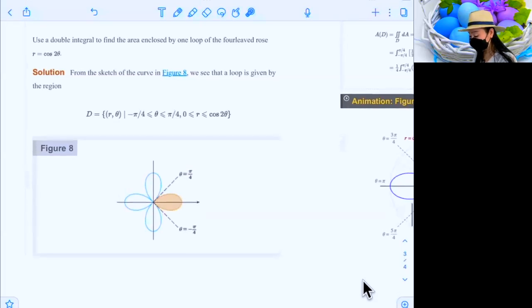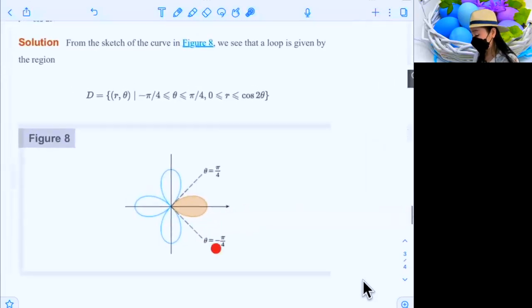You can set r equal to 0, so you solve cosine 2 theta equal to 0, and you find that theta has different solutions. The two corresponding to this petal are theta equal to negative pi over 4 and theta equal to pi over 4. So this is alpha, and this is beta.